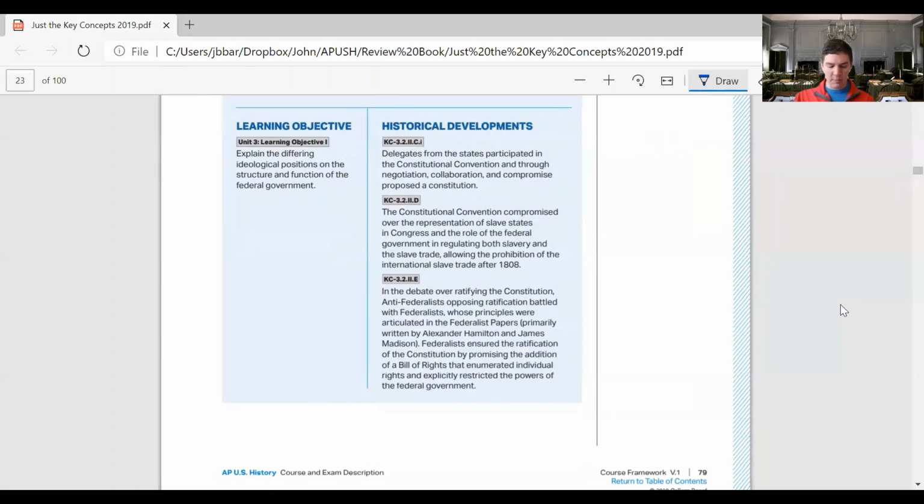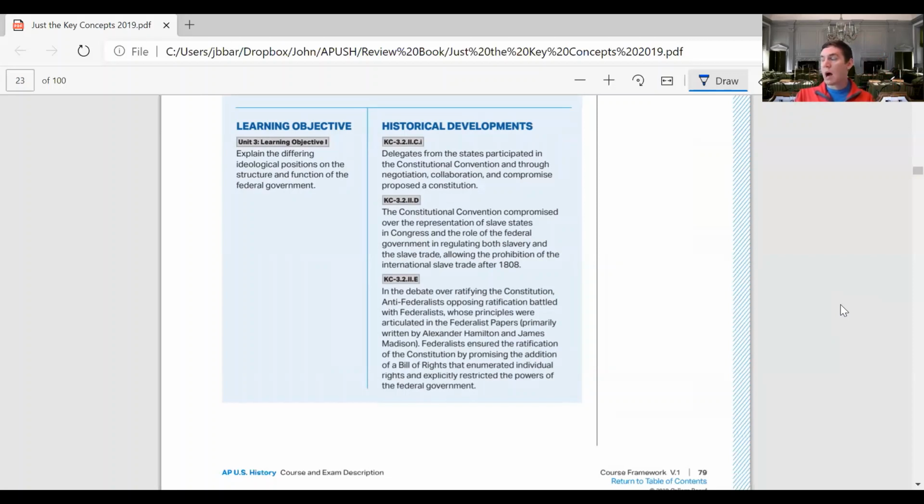Let's change this up. But they realized that this is not going to work at all. And so they said, okay, let's meet together again in a year in Philadelphia, and we'll create the Constitution. They're going to come together in a constitutional convention, and they're going to compromise over different ideas in the Constitution. So what are the compromises?